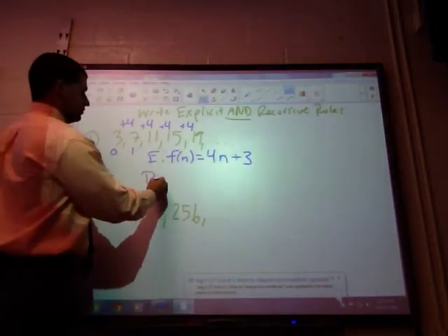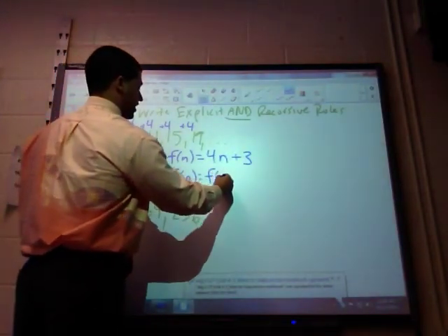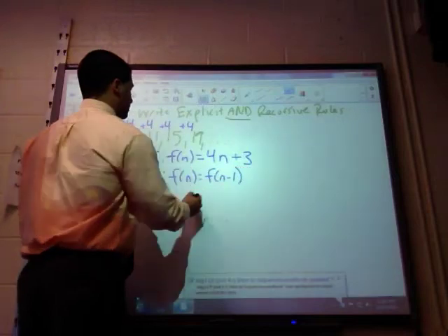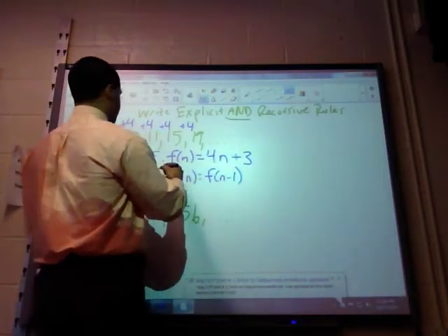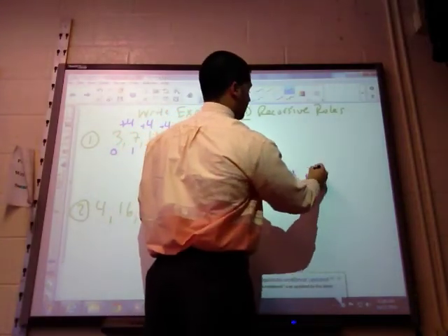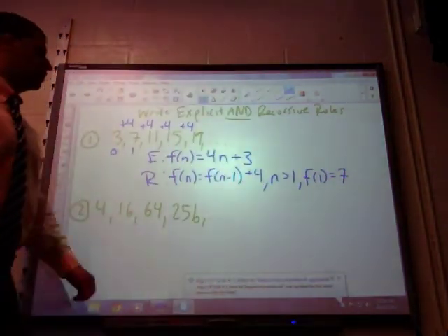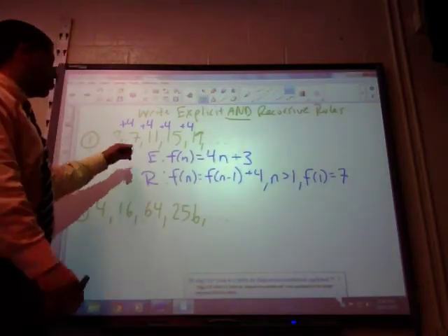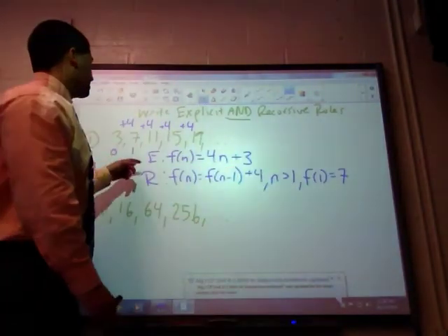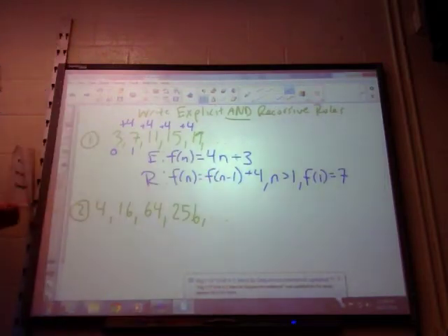For the recursive, f of n equals f of n minus 1 plus 4, where n is greater than 1 and f of 1 equals 7. All we're doing here is plugging in the common difference and our first term.